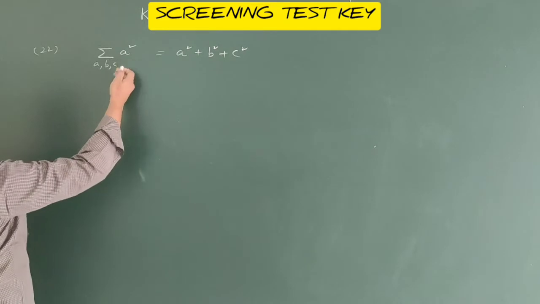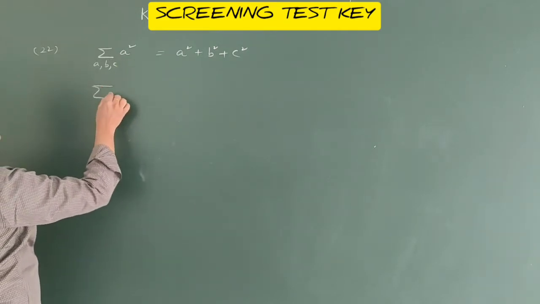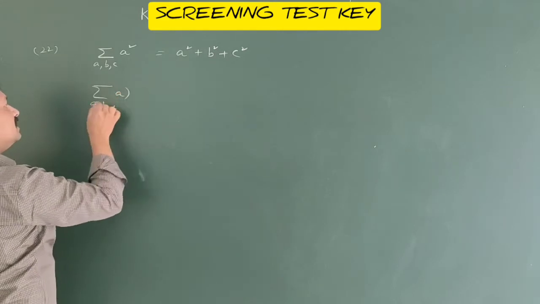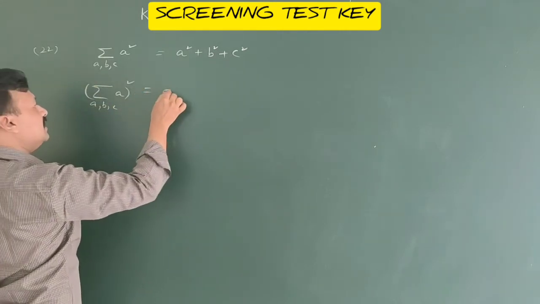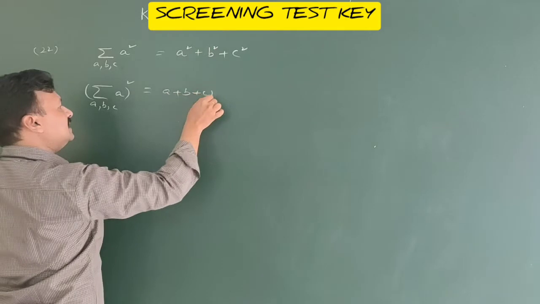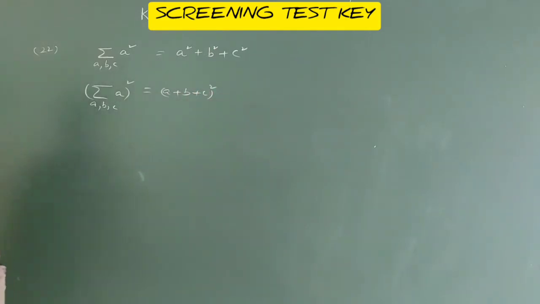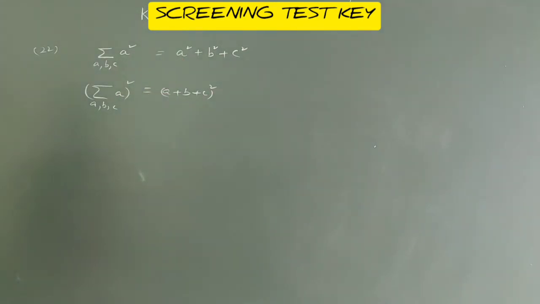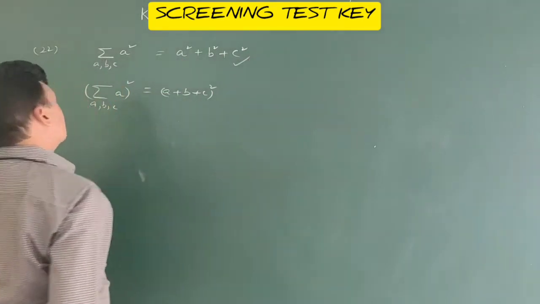Cyclic expansions. For example, sigma a plus b plus c whole square they would give as a plus b plus c whole square. But they gave sigma a square. That's why a square plus b square plus c square is the required answer.